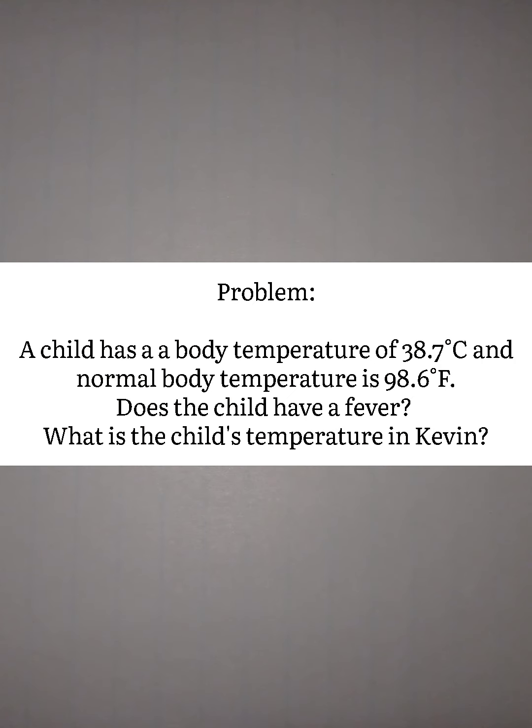A child has a body temperature of 38.7 degrees Celsius and a normal body temperature is 98.6 degrees Fahrenheit. Question: does the child have a fever? What is the child's temperature in kelvins?